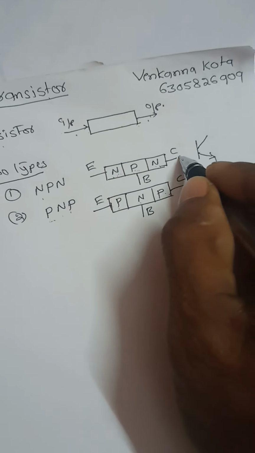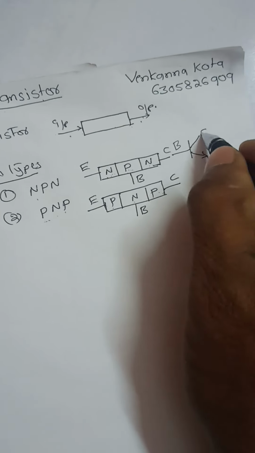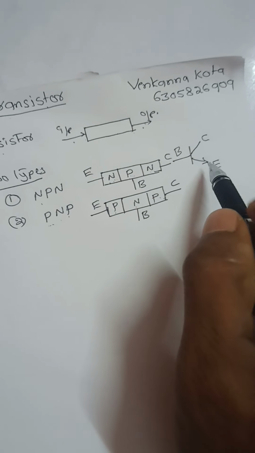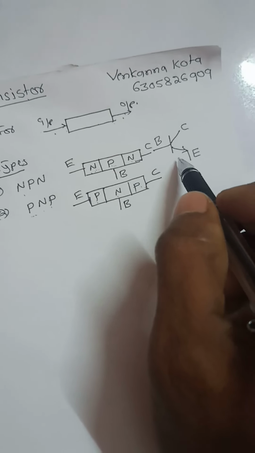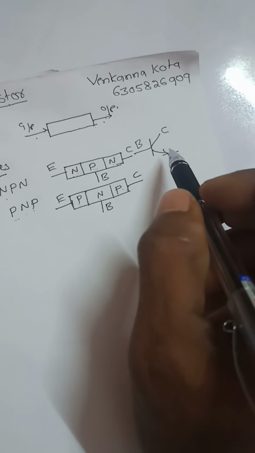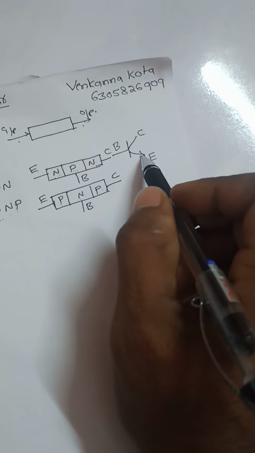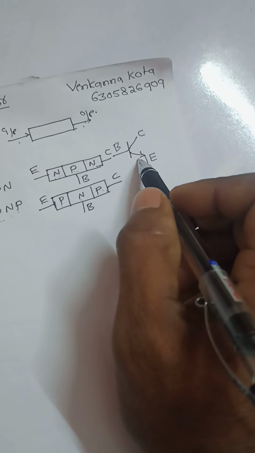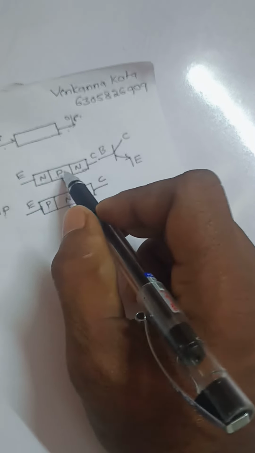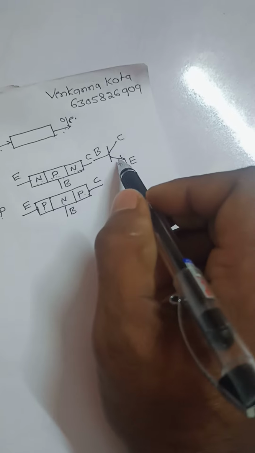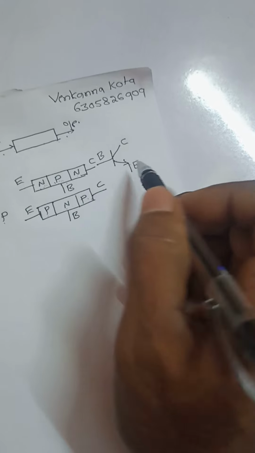So this is the base, this is the collector, and this is the emitter. The arrow mark indicates the direction of current flow when the emitter base junction is in forward bias. So for the NPN transistor, the arrow mark is outward.